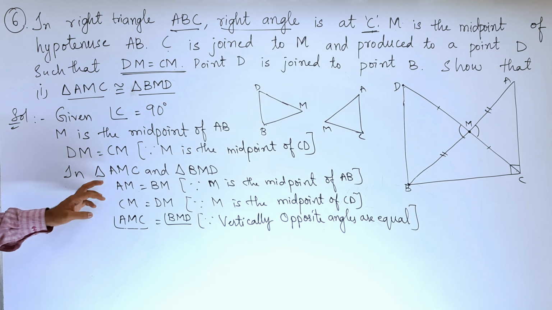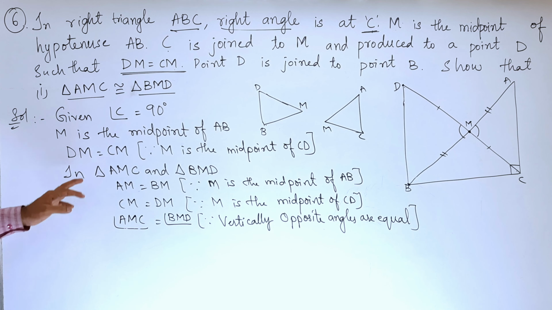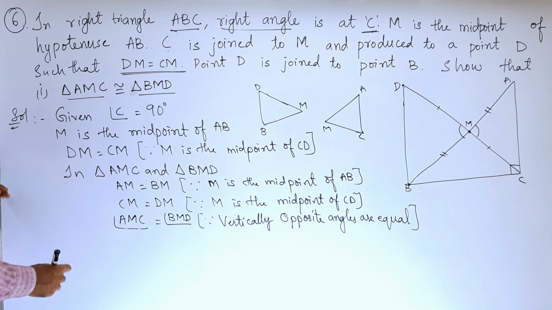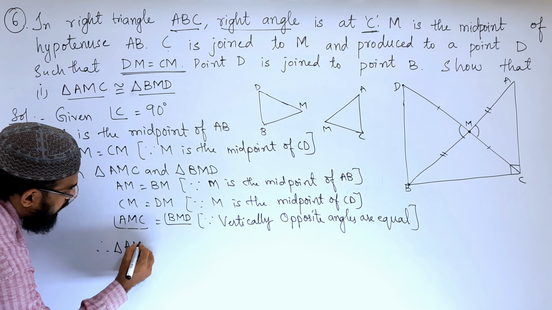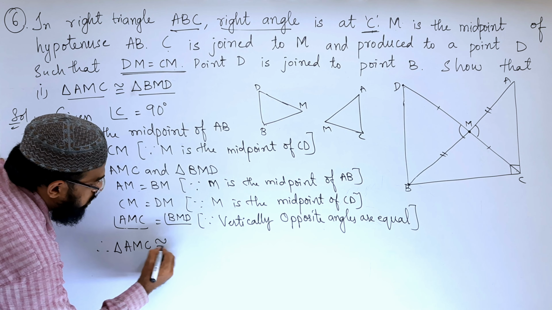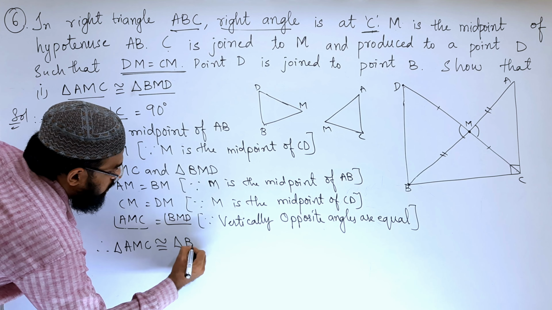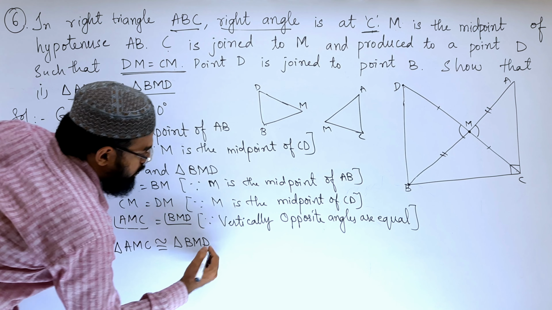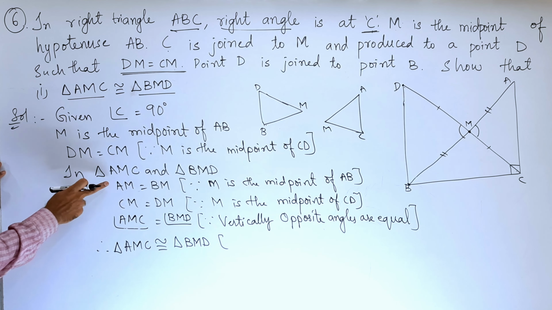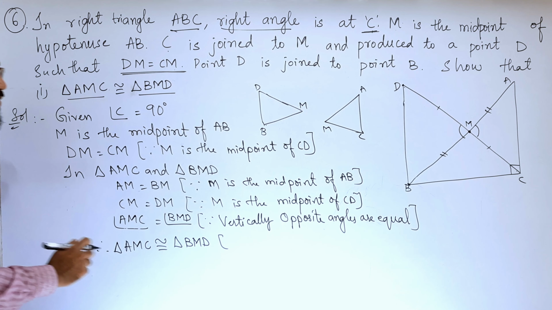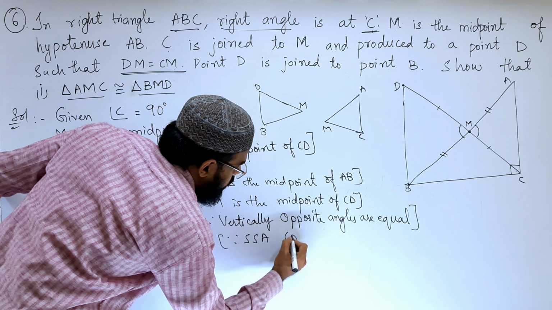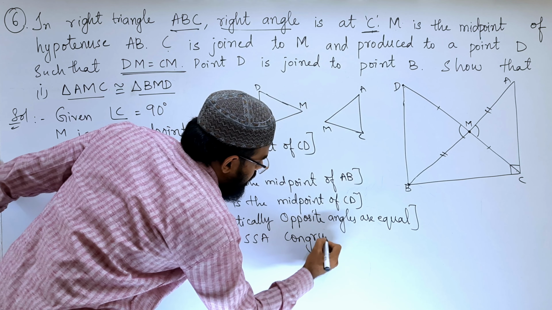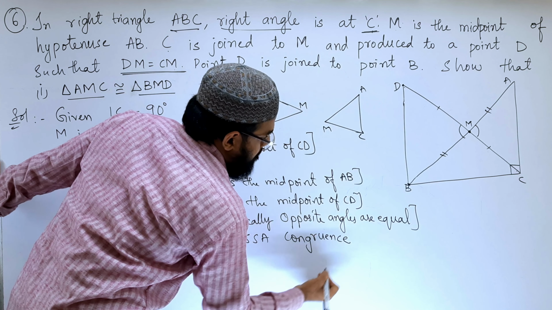Next, since we have shown three things, we can say these two triangles are congruent. Therefore triangle AMC is congruent to triangle BMD. Why? Because of side angle side congruency.